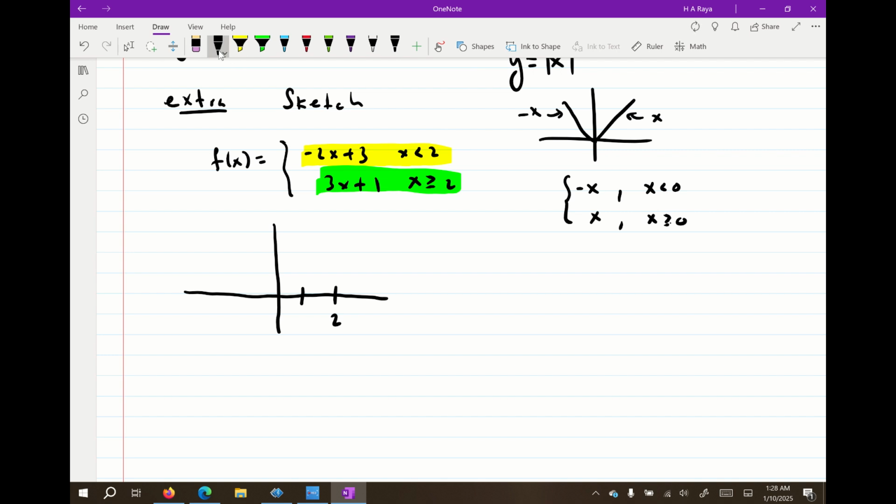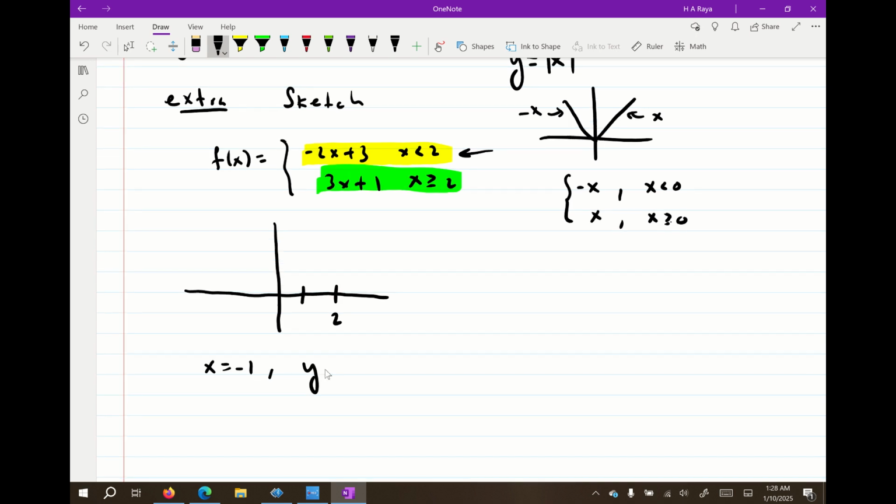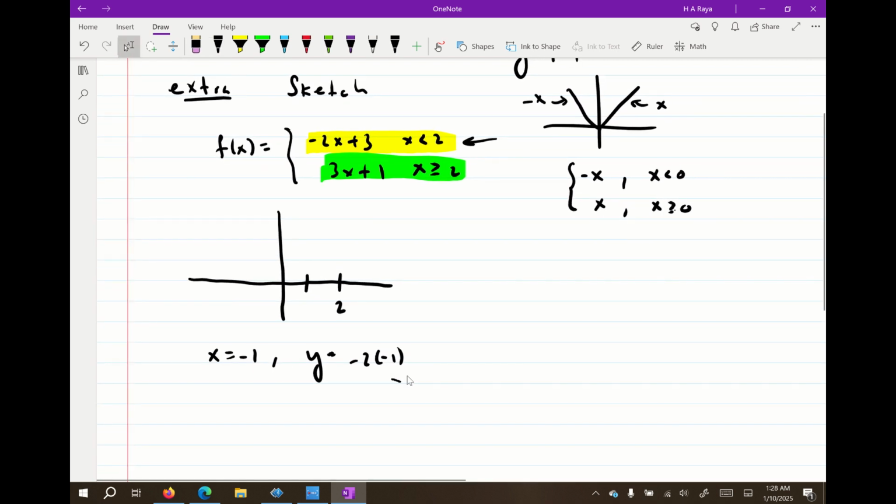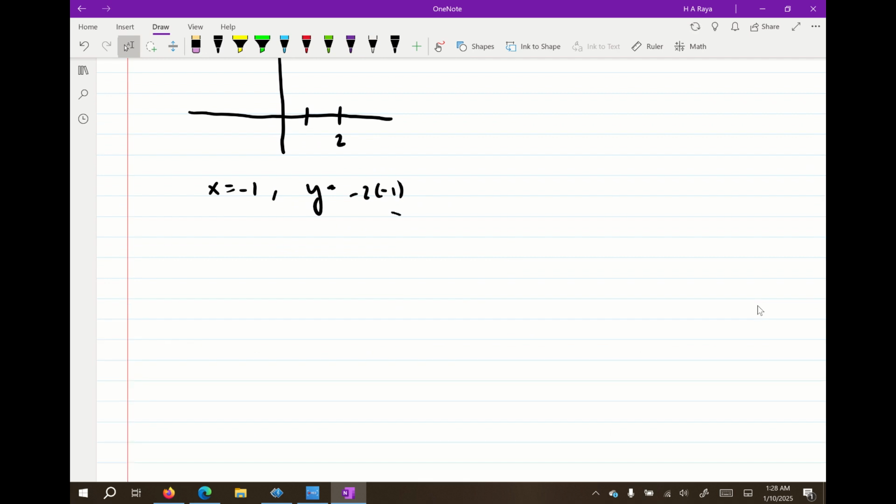So suppose that we plug in x equal to negative 1. When you plug in negative 1, you'll be working with the yellow part of the graph, plugging in negative 1 into that value of x.